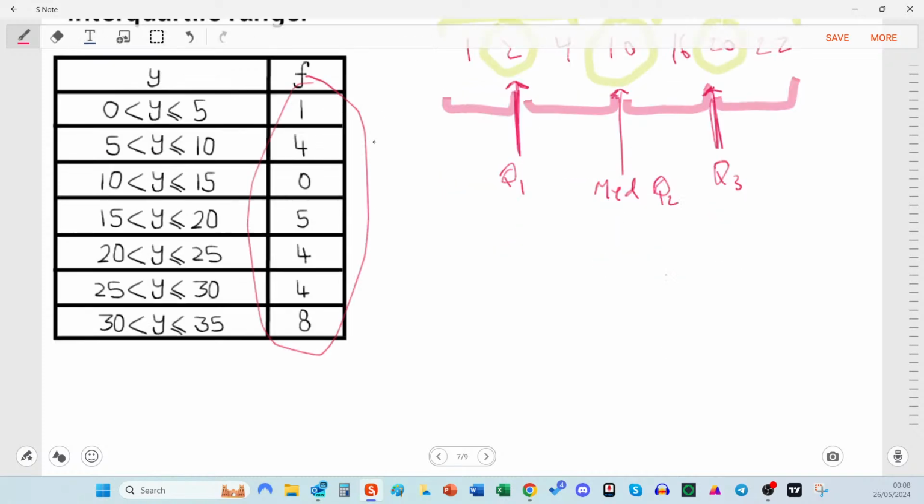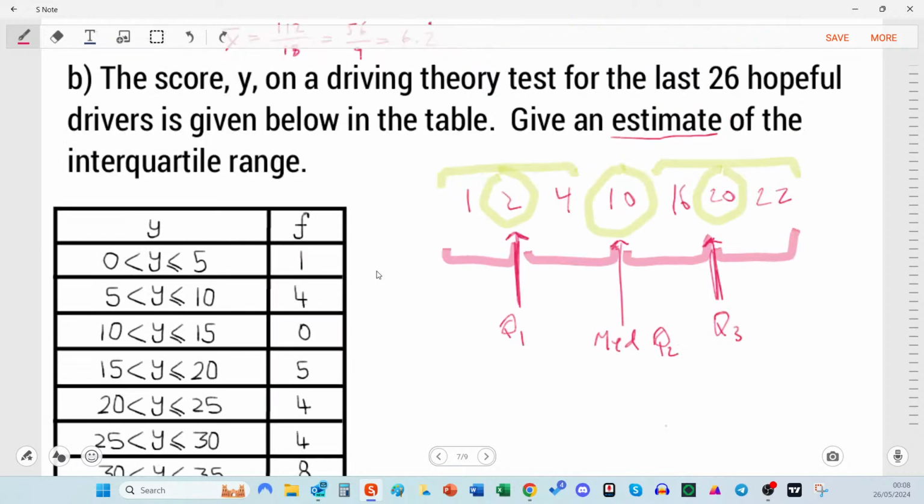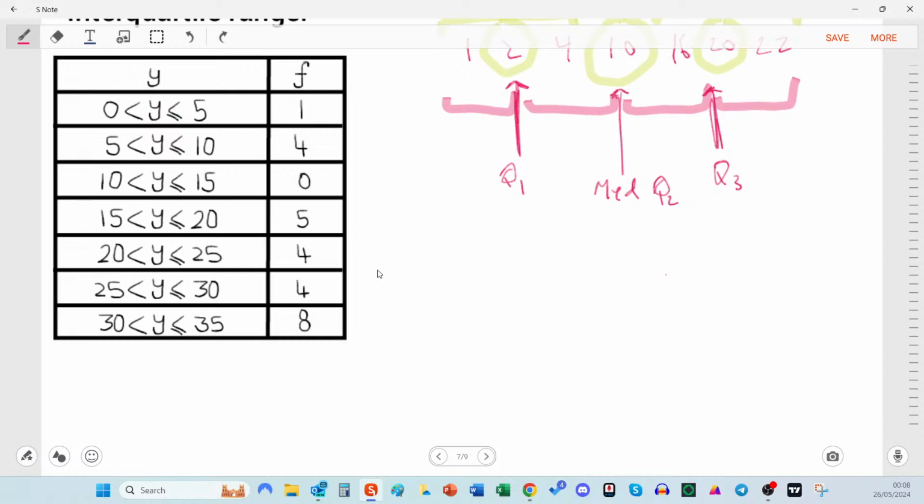So let's look at how many people there are in total here. Does it say in the question? 26. Let's double check it actually adds up to 26. 5, 10, 18, 26. It does. Okay, so we'll say n equals 26. What person would be the middle?